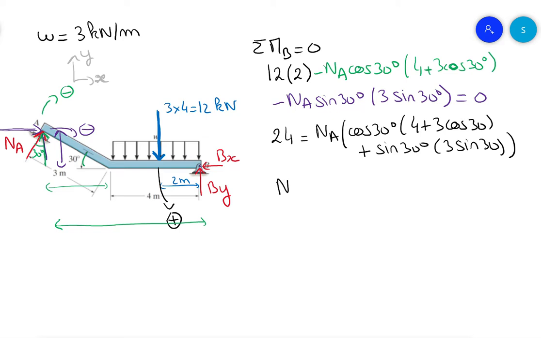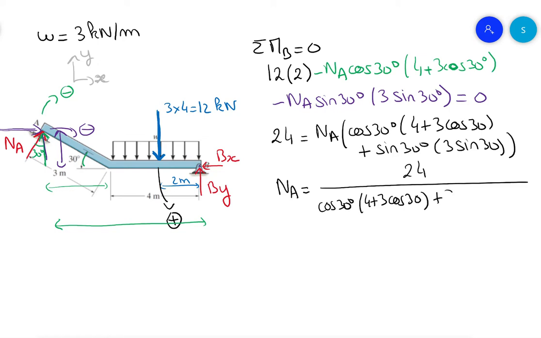So we can find NA. That is equal to, let me try to write everything. So 24 divided by cosine 30 times 4 plus 3 cosine 30 plus the 3 sine 30 squared. So we got NA.